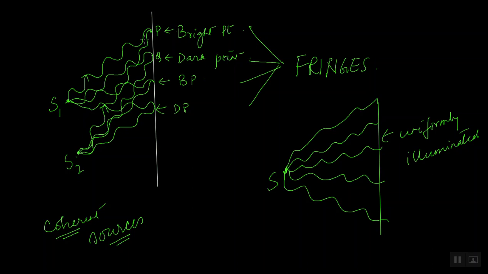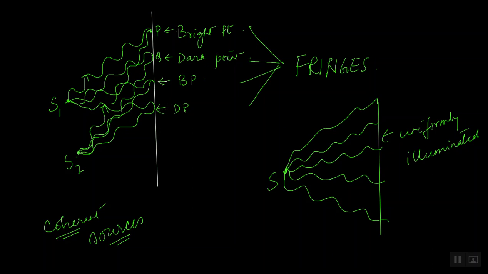So due to the superposition of light waves coming from two coherent sources, the intensity of light gets redistributed. You get a point where the intensity is high, that is a bright point, and then followed by a point of low intensity, that's a dark point. Again you have a bright point, and then a dark point, and so on and so forth.